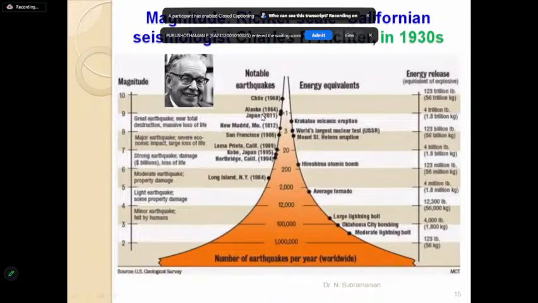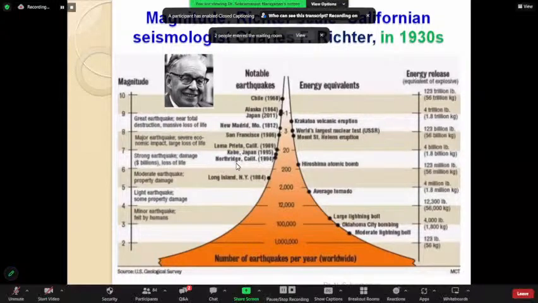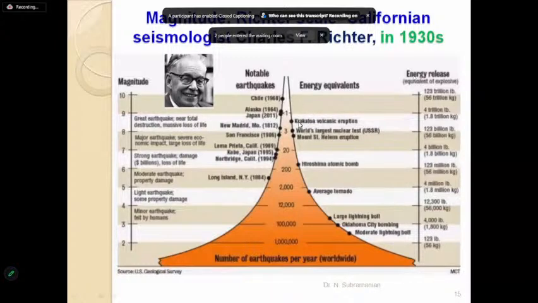Of course, magnitude 9: Alaska in 1954, and Japan in 2011. And similarly, two important earthquakes, especially for our subject of pre-qualified connections, are the Kobe earthquake in 1995 and the Northridge, California earthquake in 1994. And of course, this shows the energy equivalent released from the earthquake.